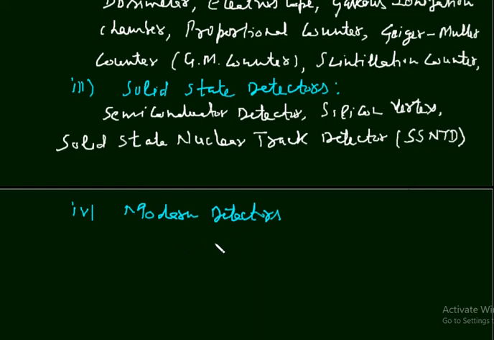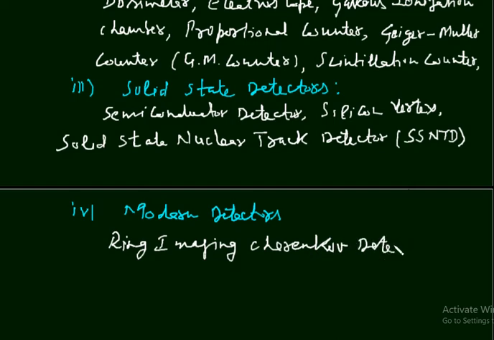I will name only one of them, and that is ring imaging Cherenkov detector. It is in short known as RICH. Counting efficiency and precision of these types of detectors is very high.